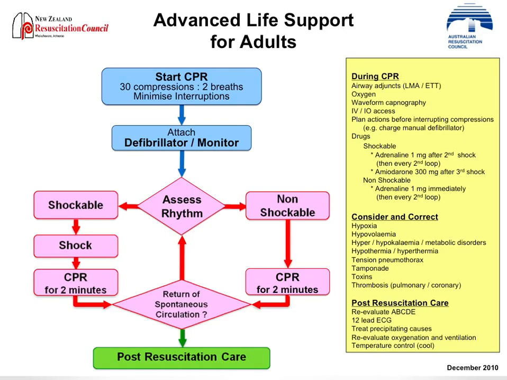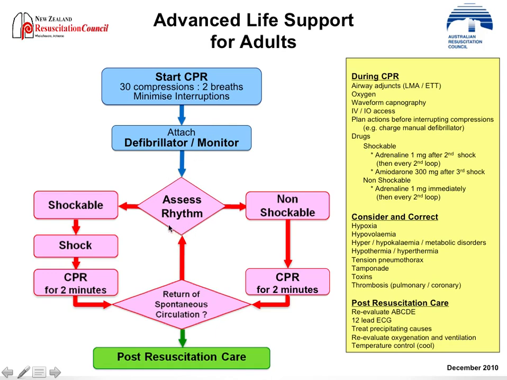What we see in front of us is the advanced life support algorithm for adults, as put out by the Australian and New Zealand Resuscitation Councils in 2010. Once you've done your basic life support and you have access to your advanced life support equipment, start at the top. CPR without delay, minimal interruptions. It's written here: 30 compressions to 2 breaths in an adult. Whilst you're doing this, get somebody to attach a defibrillator around you, turn it on, and look at the rhythm.